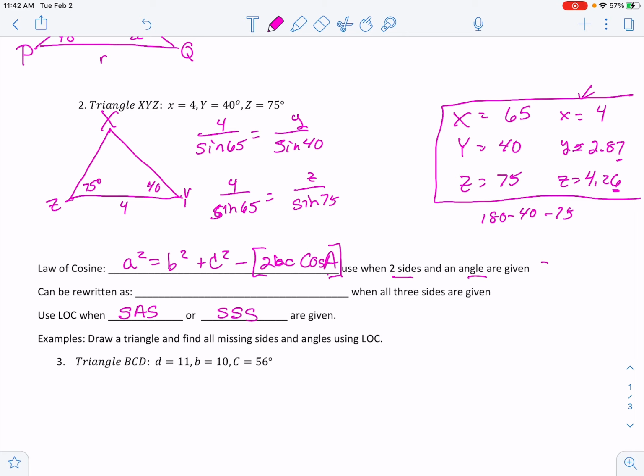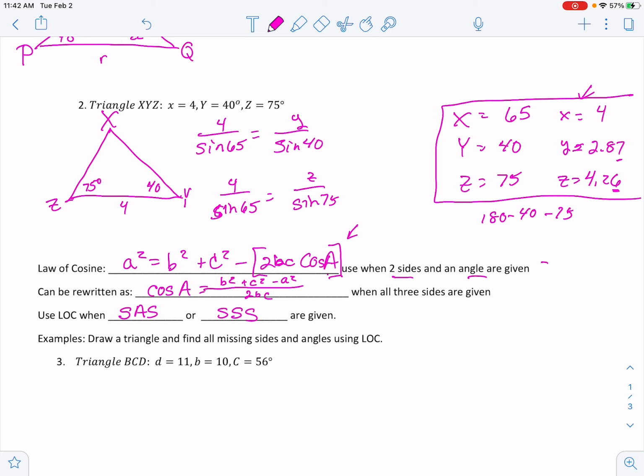If you solve this for the cosine of a, you end up with b squared plus c squared minus a squared over 2bc. And that's when all three sides are given. I just always use this one.